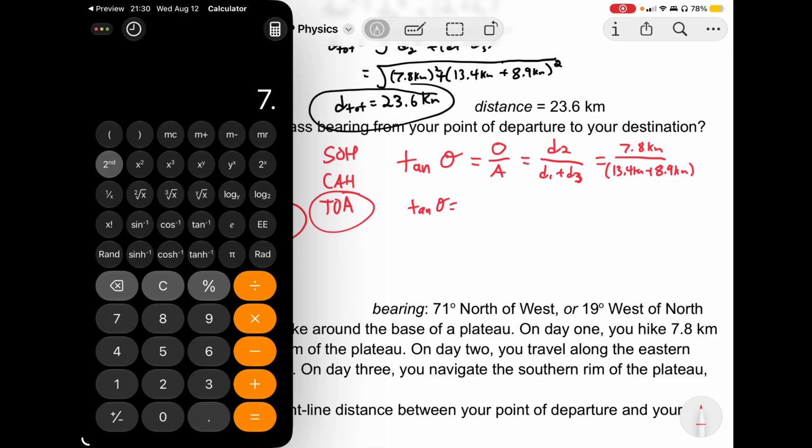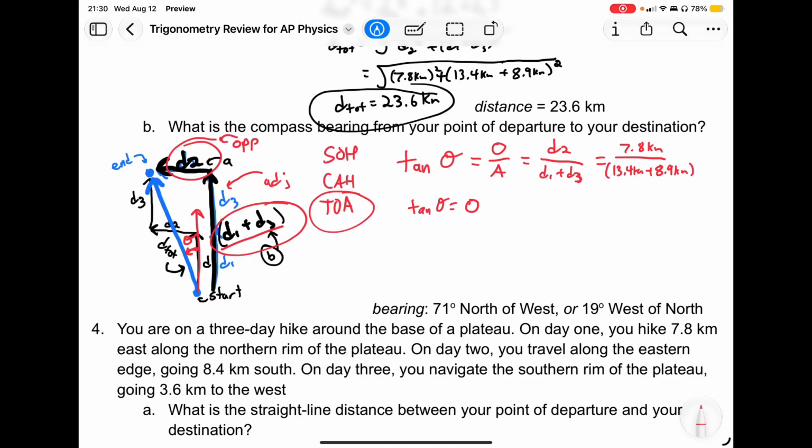So we'll do 7.8 divided by 13.4 plus 8.9. And as long as I put that addition in the parentheses, then my calculator knows to do that before doing the division, right? So that would be 0.34977.